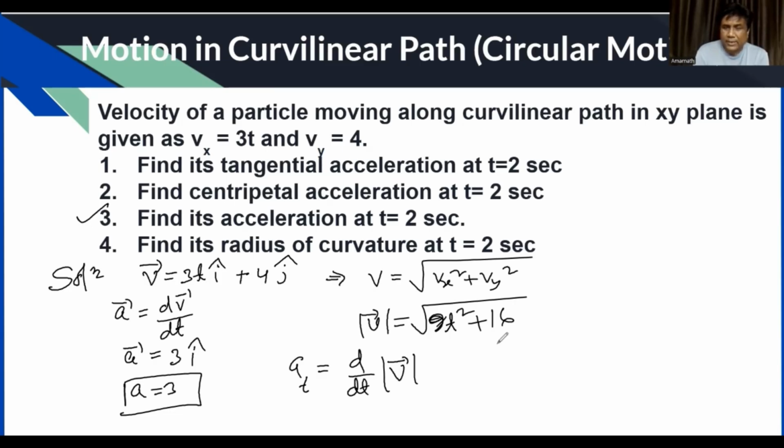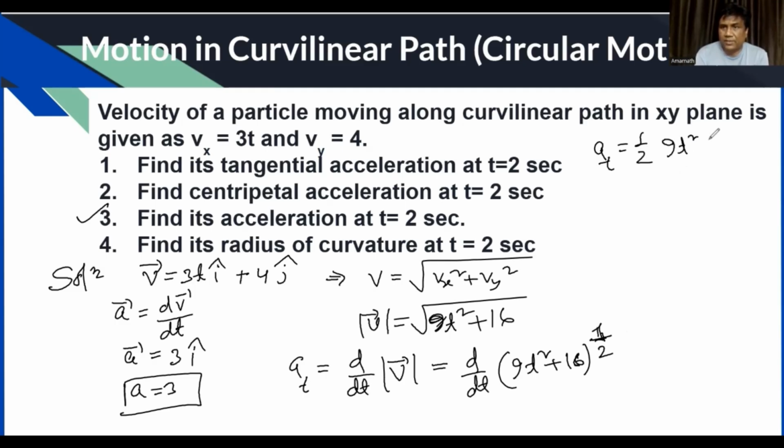So that is d by dt of 9t square plus 16 to the power half. Half will come as a coefficient, so 9t square plus 16 to the power half minus 1, it is minus half only. And again, if you differentiate that 9t square part, you are going to get 18 into t. 18 into t.